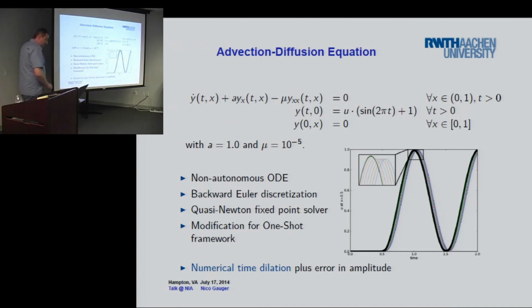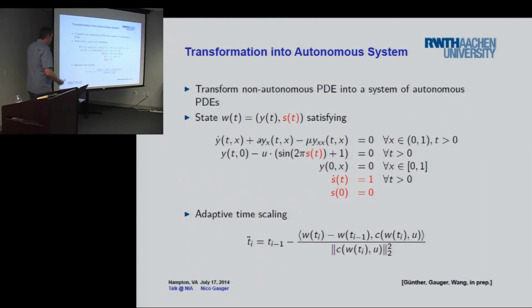But it turns out, if we transform this system to an autonomous ODE, which is always possible by a very easy trick, the easy trick is the following. We add to the state vector an S of t, which solves this ODE. So the solution is just S of t equals t.